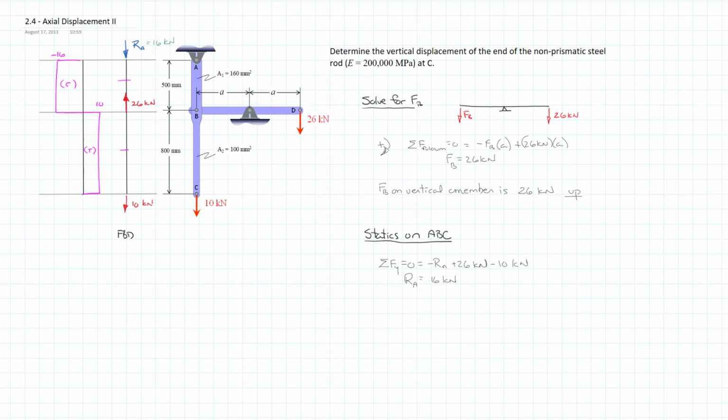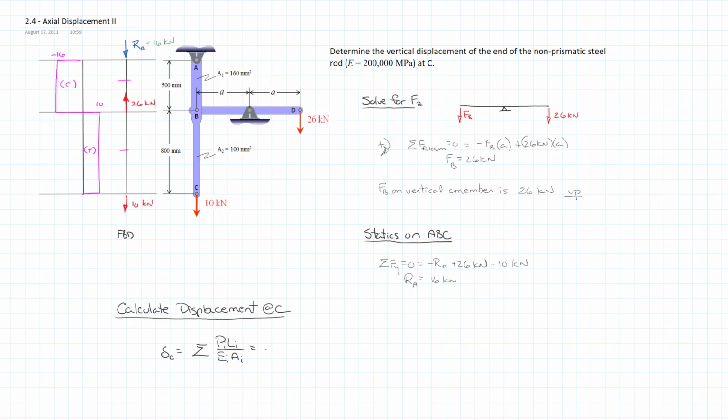So let's just calculate the displacement at C. And so our displacement at C is equal to the sum of P_i L_i over E_i A_i.